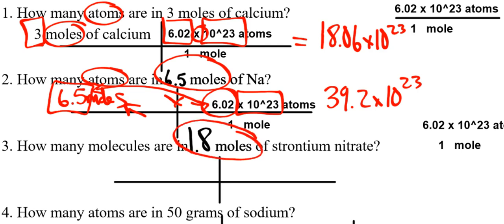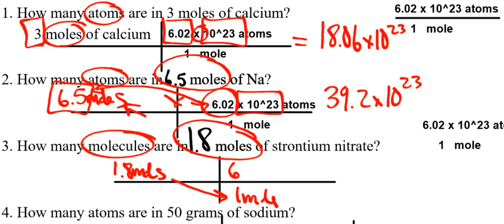So you can always just take the number 6.02 times your given and then put times 10 to the 23 as your answer. Now, this one's a little bit different, but math-wise the same. We take my given, 1.8 moles. All right, I need to get rid of moles, so for every 1 mole, I have Avogadro's number of molecules. Nothing really changes. And now I just multiply those two values, and I don't have a calculator again.